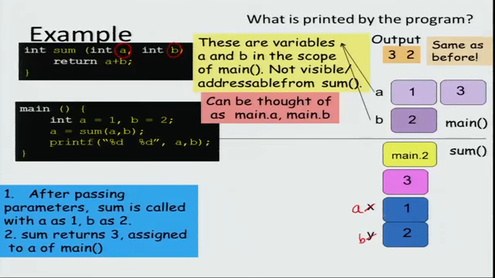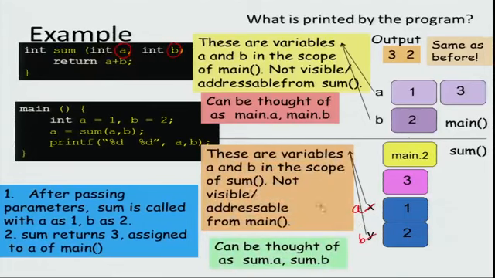So, in other words, the a and b inside sum have scope just this function. They are not visible or addressable outside, especially in main. If you want to think of it, you can think of them as sum dot a and sum dot b.